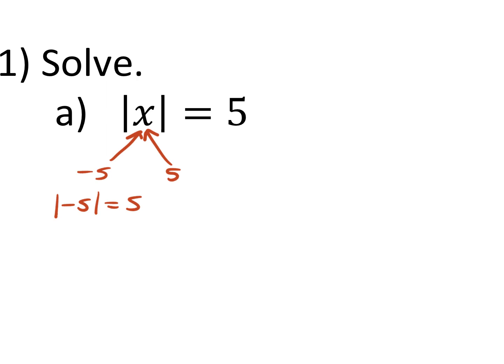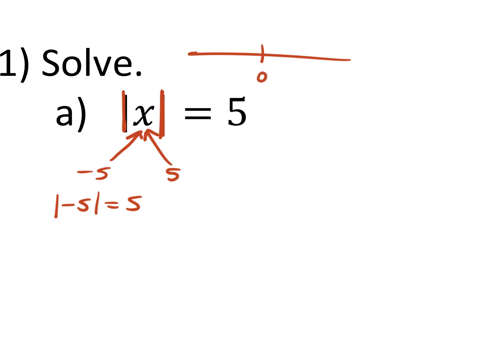Wait, what are the 2 lines for? Absolute value. That means absolute value. That says how far are we from 0? That's what absolute value means. What is the distance? Like if we're looking at a number line, okay, this is 0.